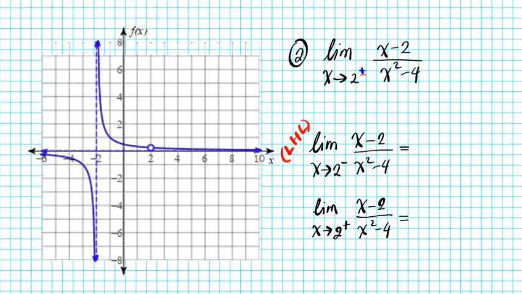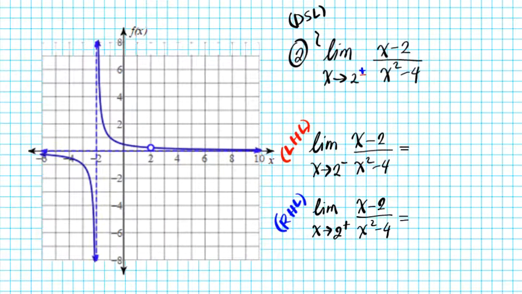This one right here, I'm going to call the RHL, the right-hand limit. And then the original problem right here, let's call it the DSL, double-sided limit. In order for the DSL to exist, the left-hand limit and the right-hand limit must be the same. So we're going to use the graph to approach 2 from the left and right and see if they're the same. That will mean the limit exists, and that's the value.